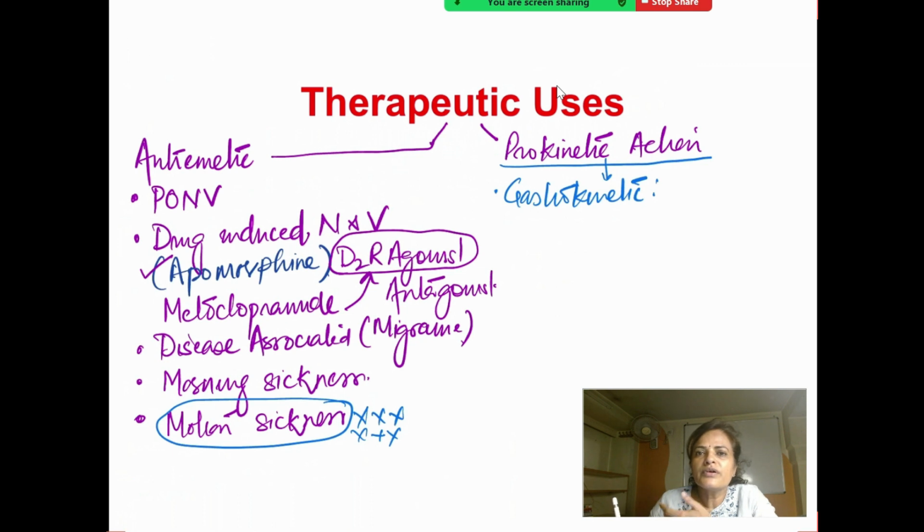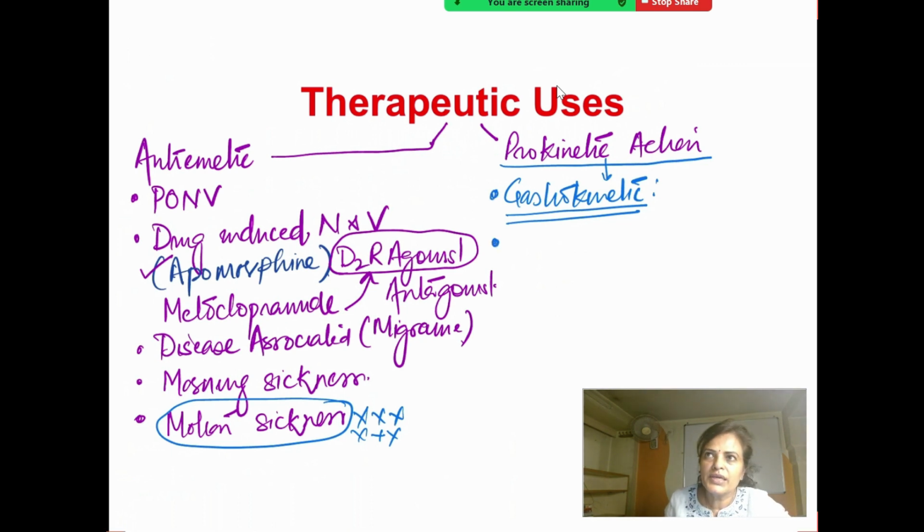Or you want to give a duodenal intubation, then also we can give this drug. And if there is any gastric stasis because of post-vagotomy, or any diabetic gastroparesis, there also we can give metoclopramide as a gastrokinetic drug.